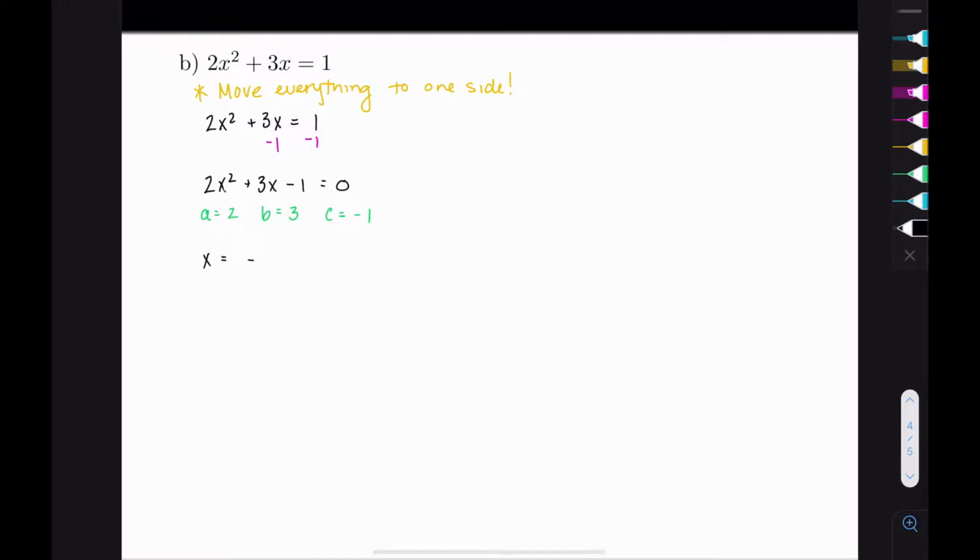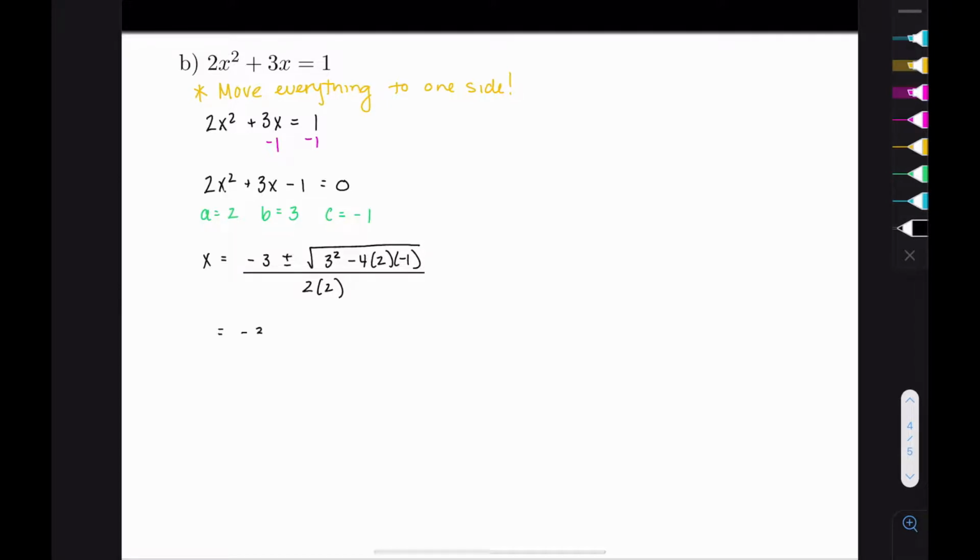x is equal to negative b plus or minus the square root of b squared minus 4ac, all over 2a. So we have our solutions. We just need to simplify.